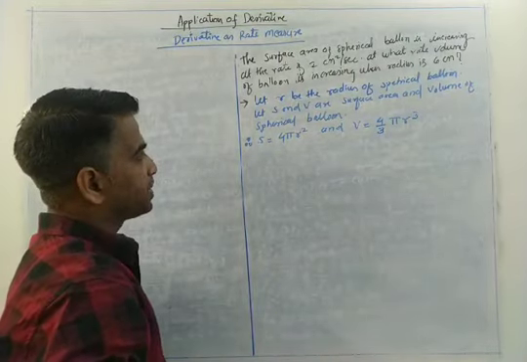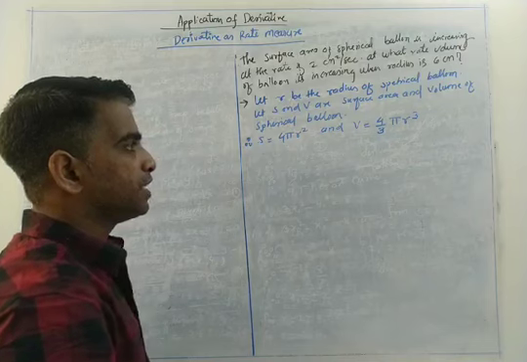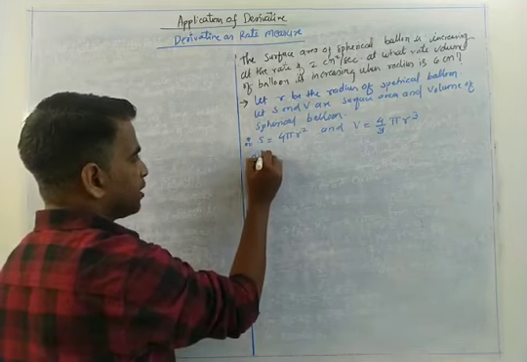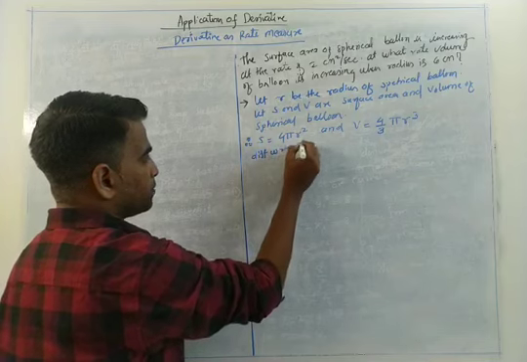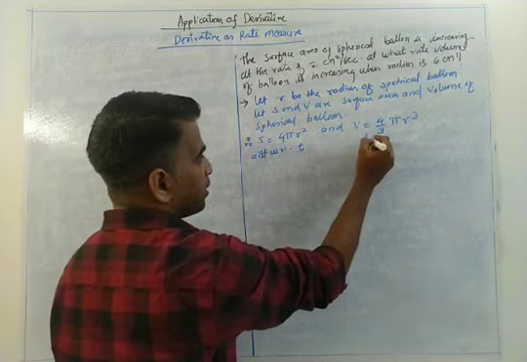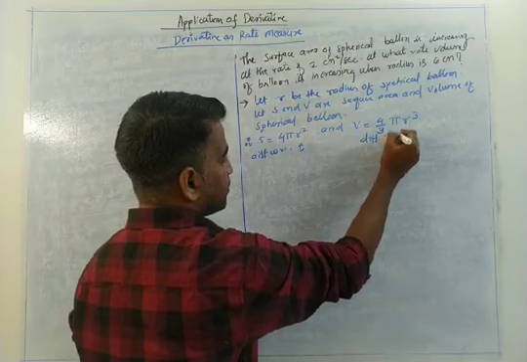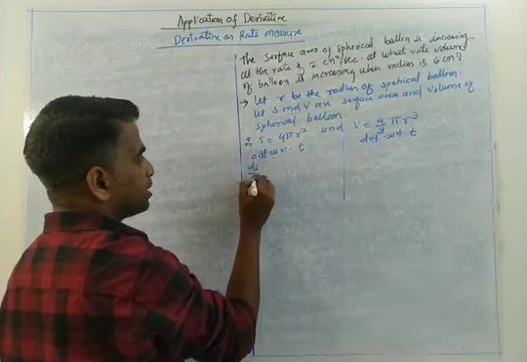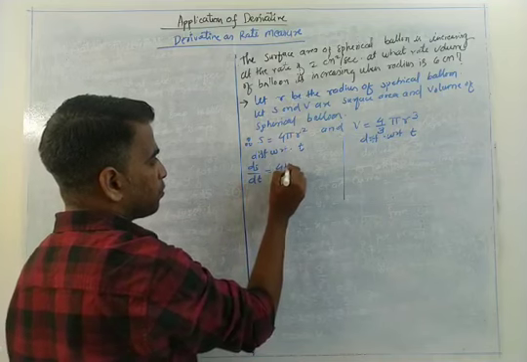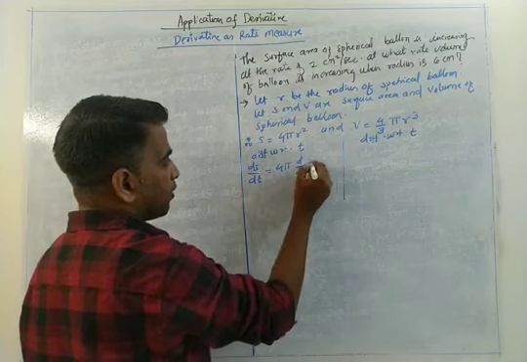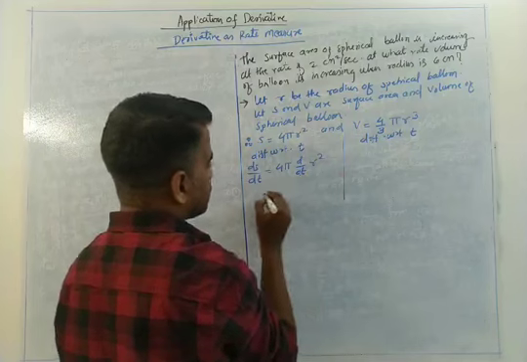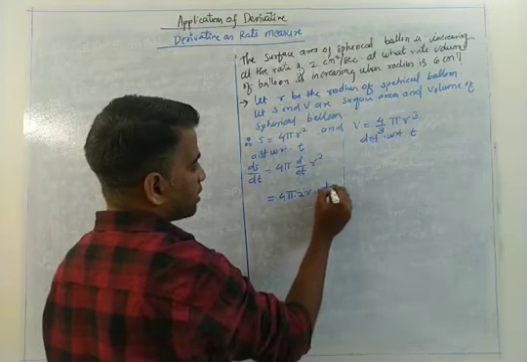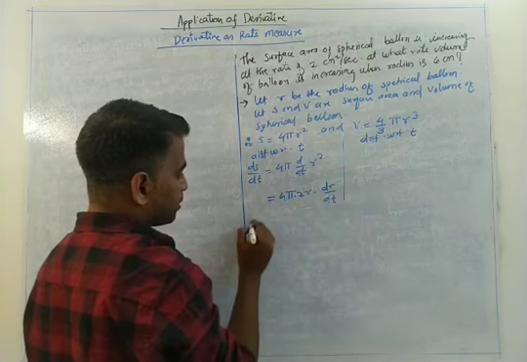Let's begin with finding the change in surface area and change in volume with respect to time t. Differentiating with respect to t, we get dS by dt is equal to 4 pi d by dt of r square, which is 4 pi into 2r dr by dt.